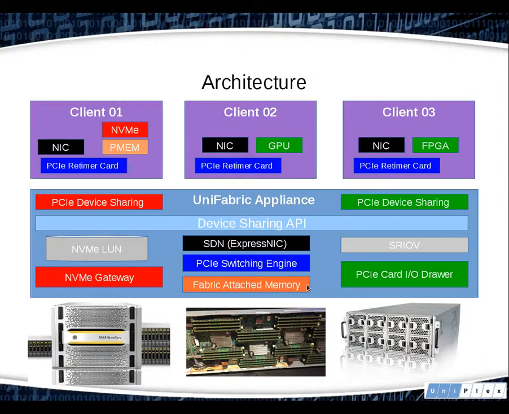And of course we have a lot of support for fabric attached memory. Basically this means we have special JBOFs filled with low latency devices such as Intel Optanes or the upcoming Samsung Z-SSD, as well as some DRAM flavors like Microsemi, former PMC-Sierra, FlashTec devices.